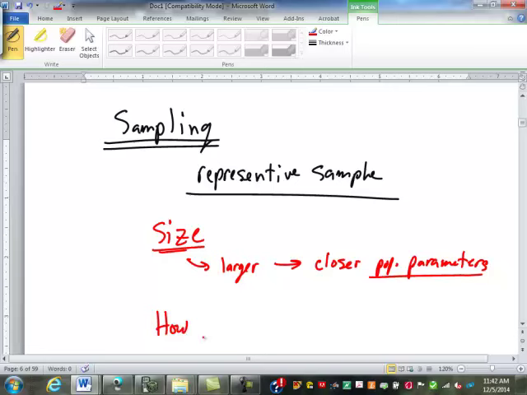The second thing, other than size, is how are they chosen? Let's say you decide that your sample size is going to be 500, and you're going to go stand on the street corner and just ask the next 500 people to walk by who they're going to vote for. Well, that is not a good sample because you just took people that happened to be walking by at that point in time.